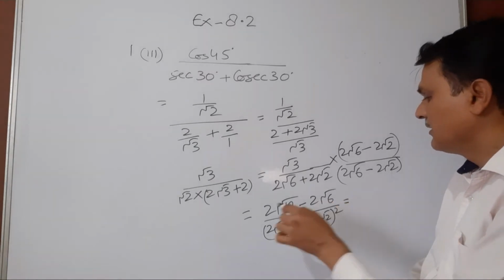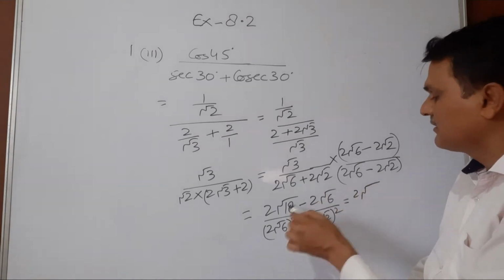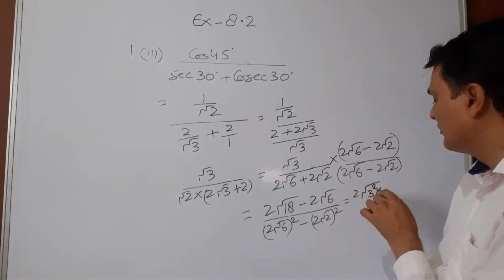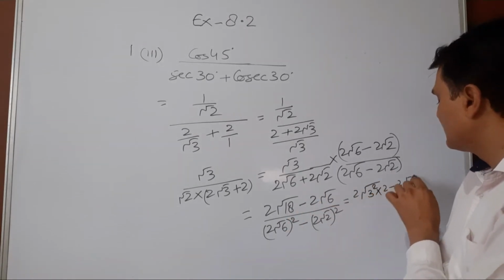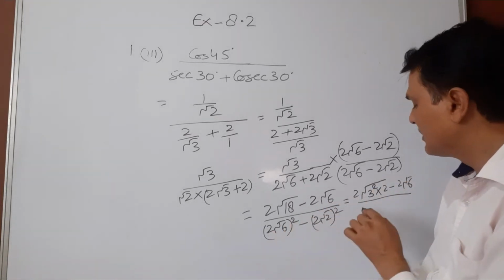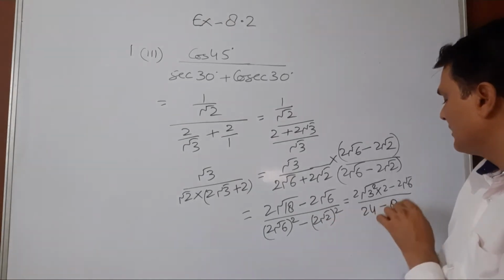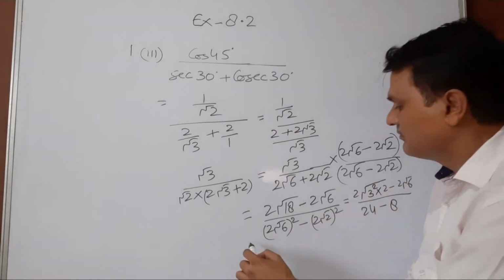This will be 2 root 18; 18 we write as 3 square into 2, minus 2 root 6, and this will be 2 to the 4, 4 times 6 is 24, minus 2 to the 4, 4 times 2 is 8.